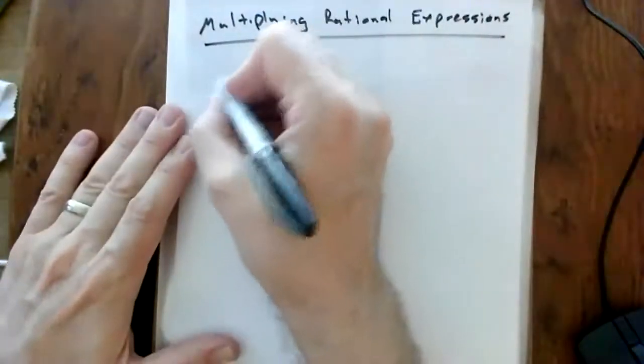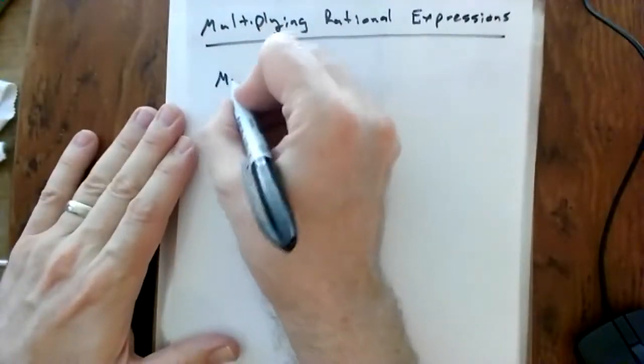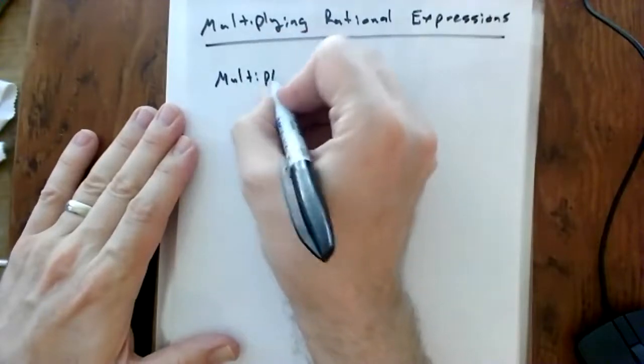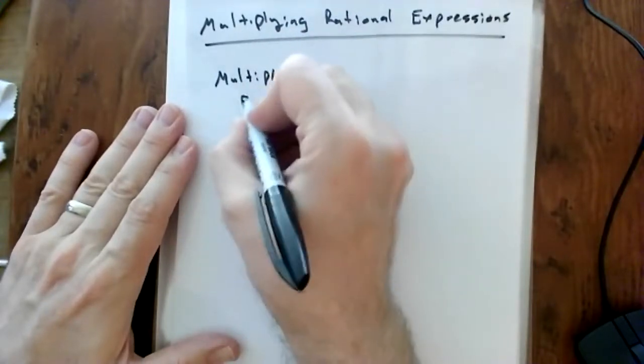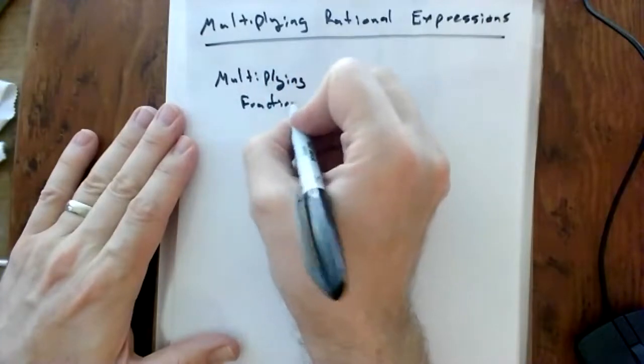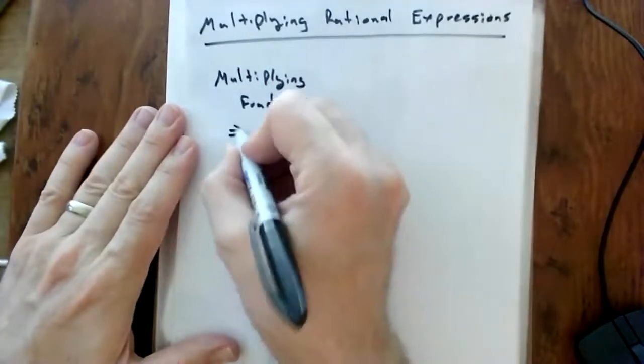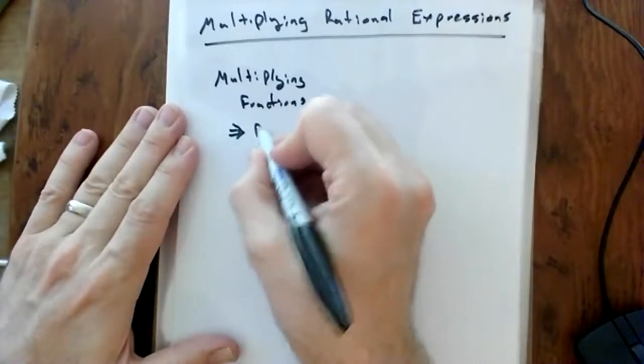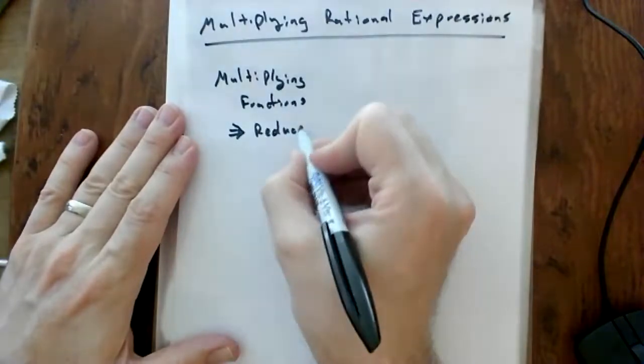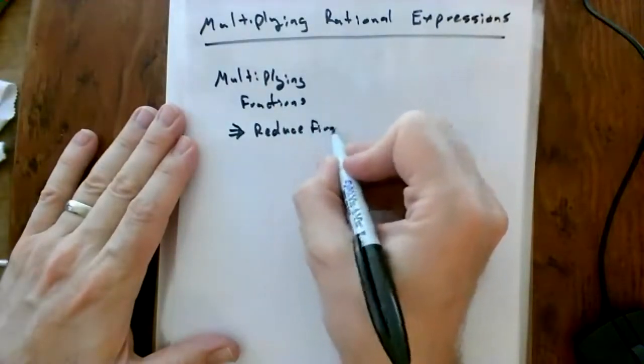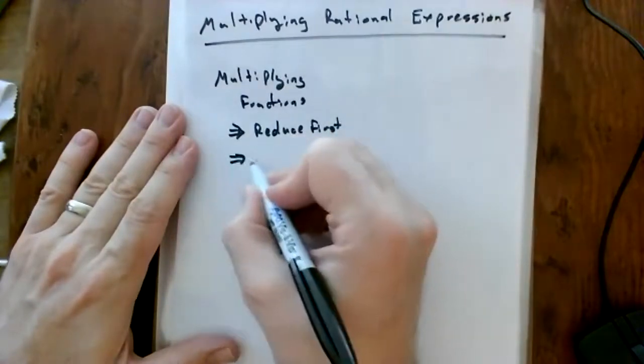So remember, if you're multiplying fractions, what you should be doing is you should reduce first, and then you're going to multiply straight across.